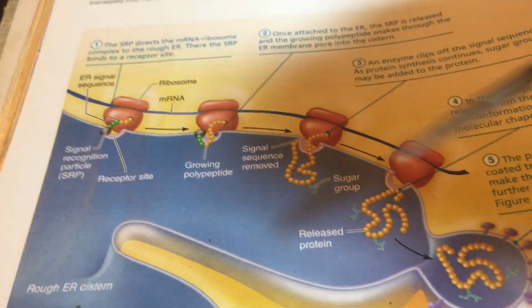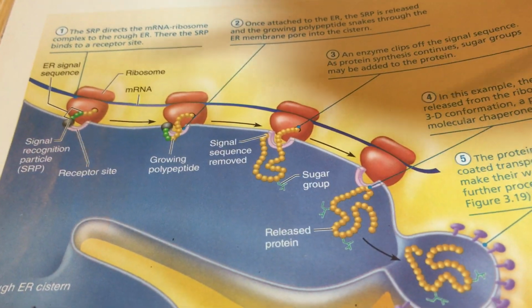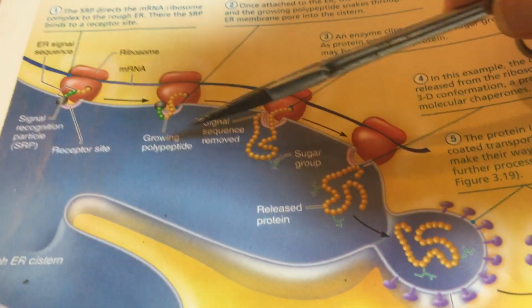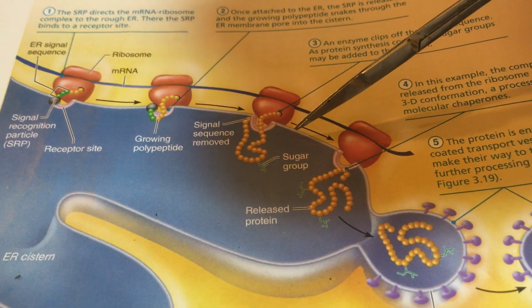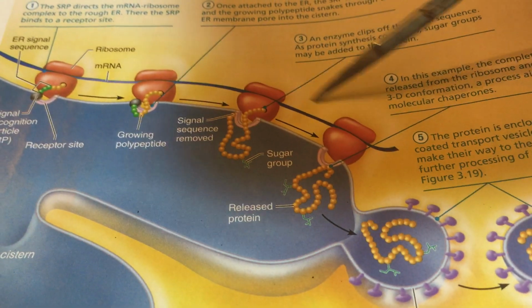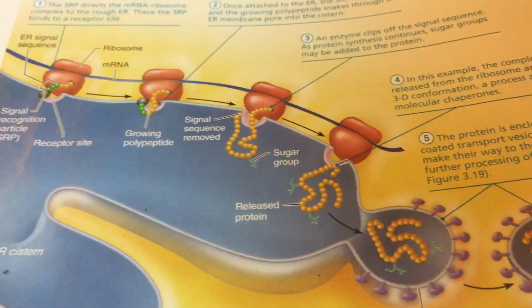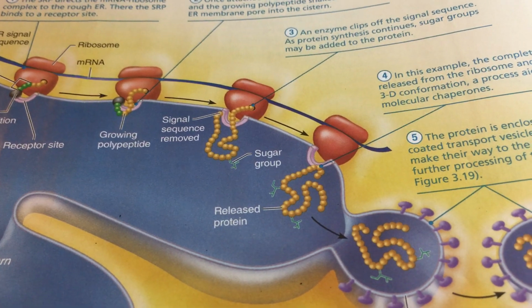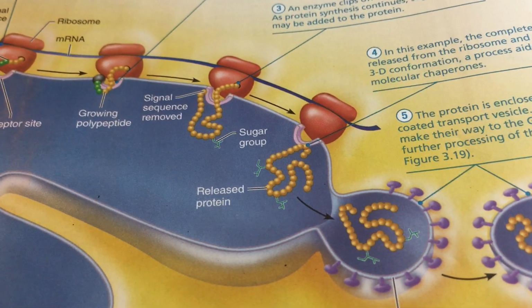This one is going along, this one's going along, this one's going along, and so the deal here is that this is rough ER, and it's rough because it had these things on the surface, and we're producing the protein inside the endoplasmic reticulum. So we'll get to that again.